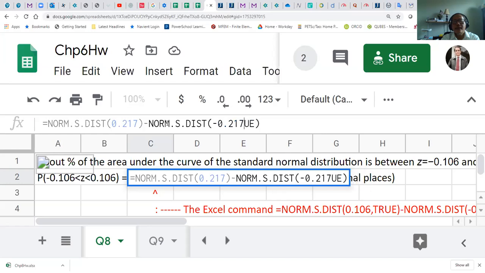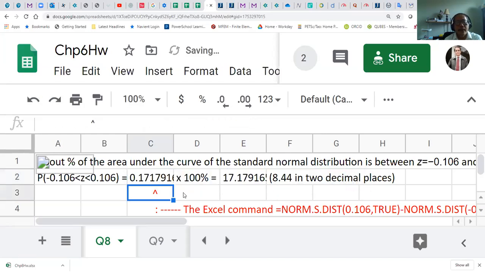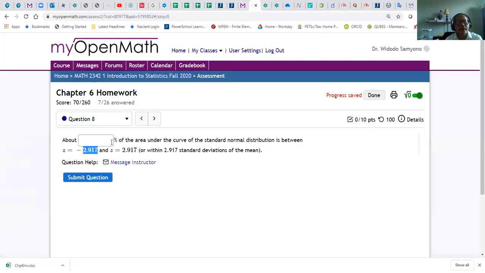And you don't need this one. Enter. And you can see here, for this one, you multiply by 100, right? So you got this number here, okay?